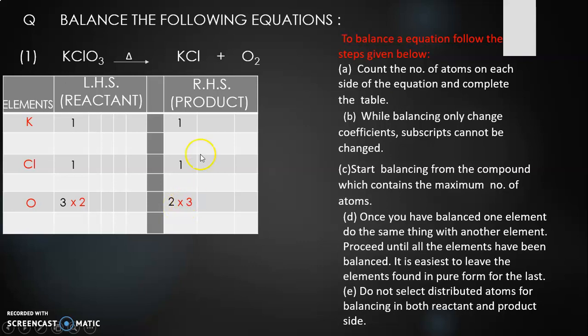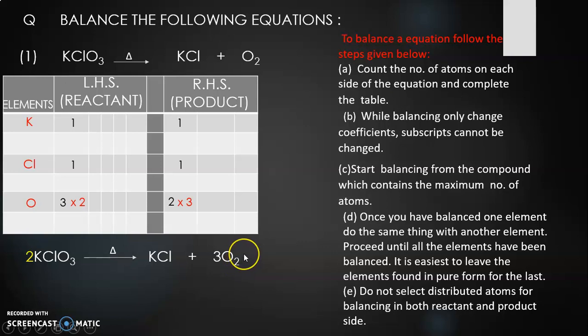So 3 will be added as a coefficient in front of O2 and 2 will be added in front of this complete reactant which has oxygen, that is 2 KClO3. And the equation will look like 2 KClO3 on heating gives you KCl plus 3O2.